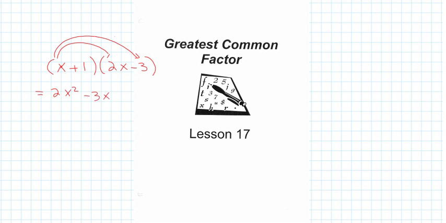And then the second term is multiplied by both terms in the other bracket. So 1 times 2x is 2x, and then 1 times negative 3 is negative 3. So you see that each term multiplies both terms in the bracket after it. You guys are okay with that?